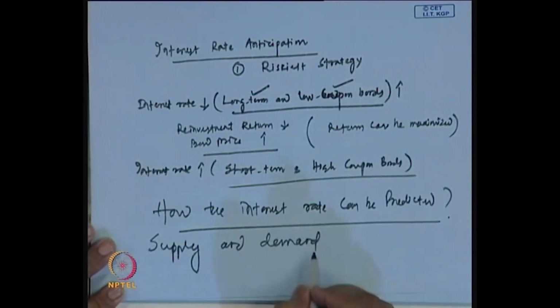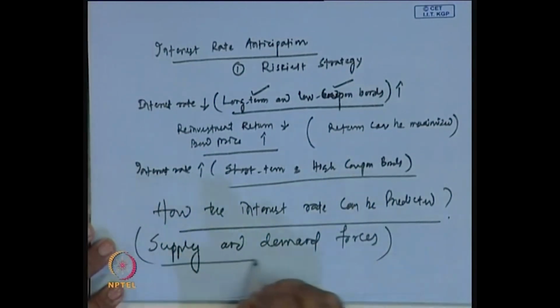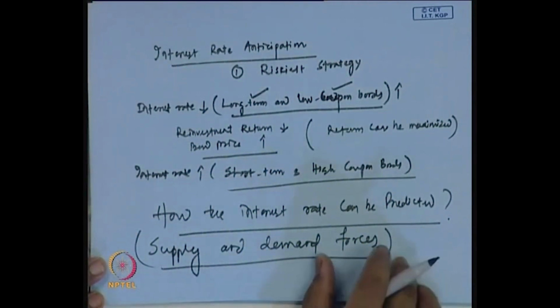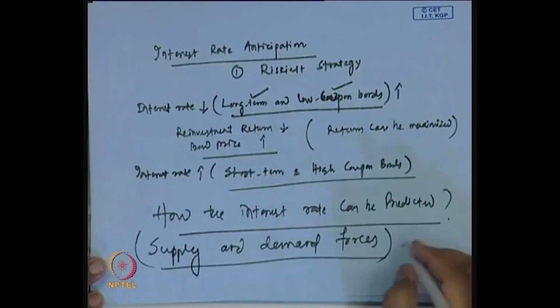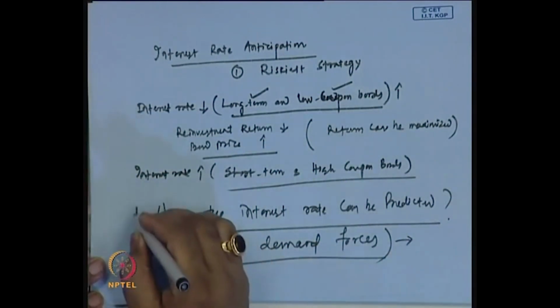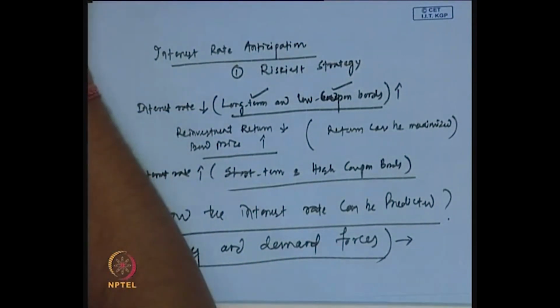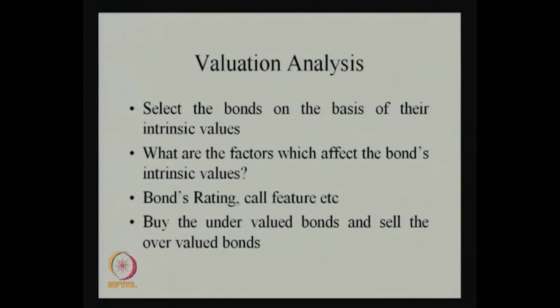But the biggest question is that it is very difficult to observe how these two functions will behave in a particular time period. Therefore, interest rate anticipation is the risky strategy that investors always use in the market.